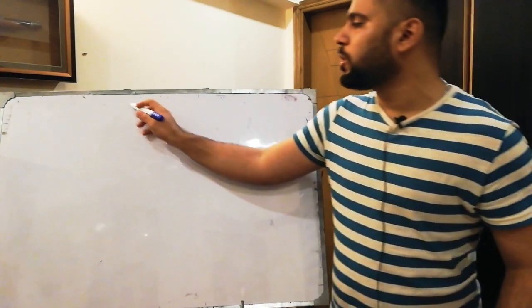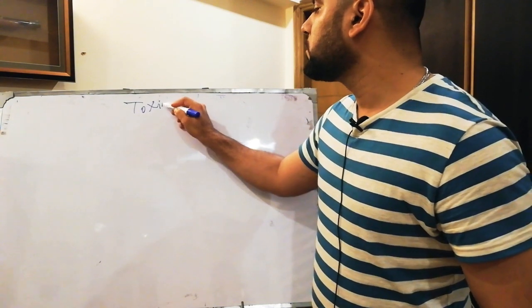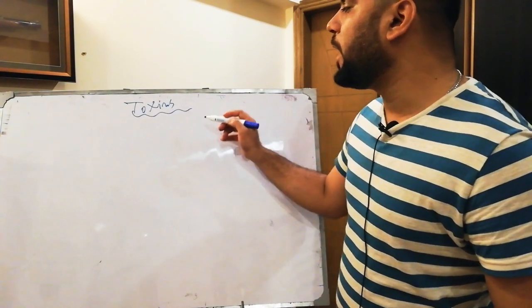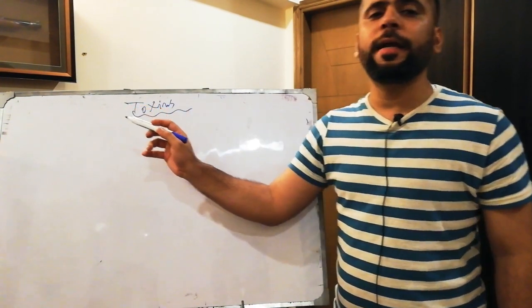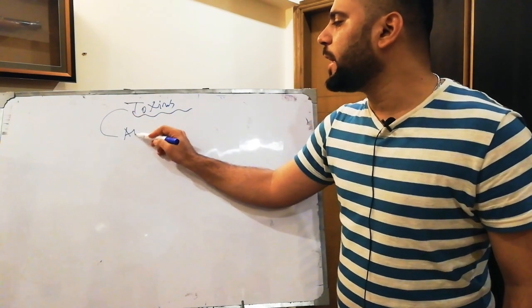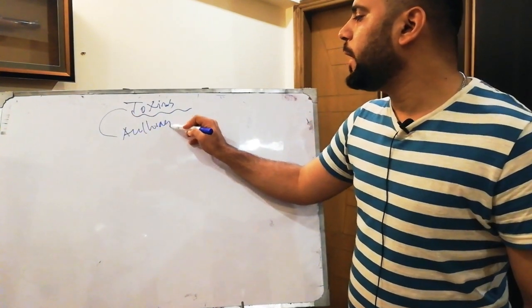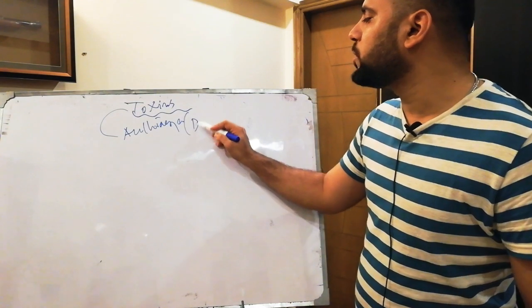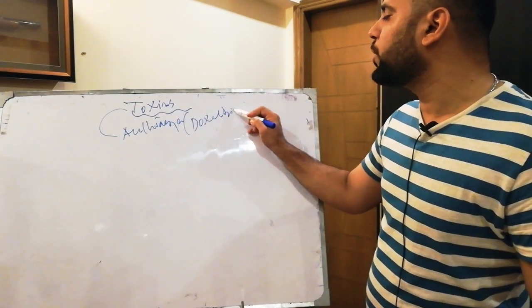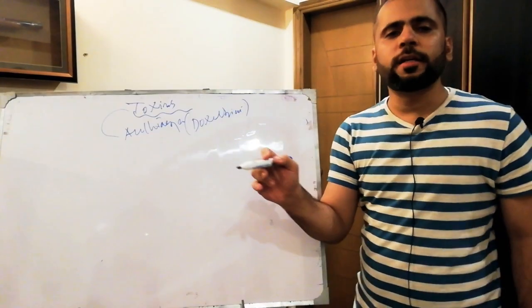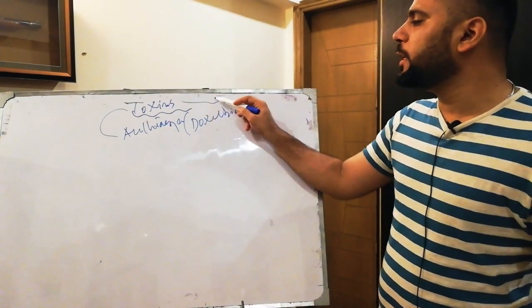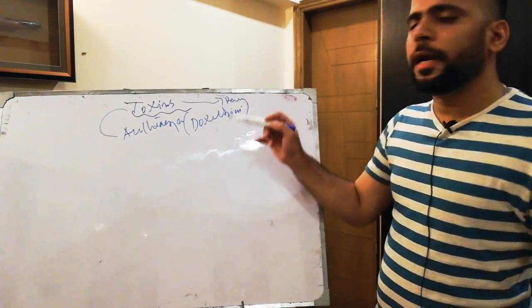Now the important one is the toxins. Among toxins, obviously the most important is the anti-cancer drug, the anthracyclines, and the anthracycline doxorubicin is a very notorious drug to cause dilated cardiomyopathy, and toxin-mediated is actually a reversible dilated cardiomyopathy.